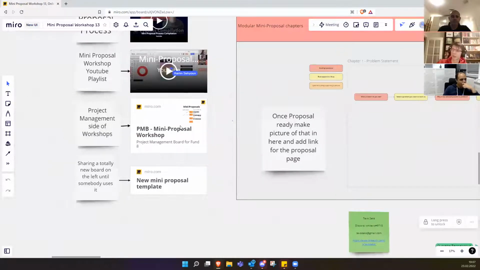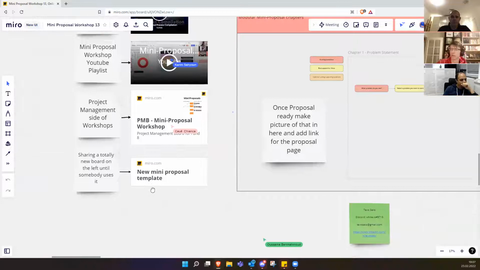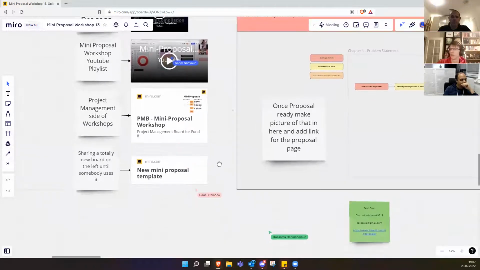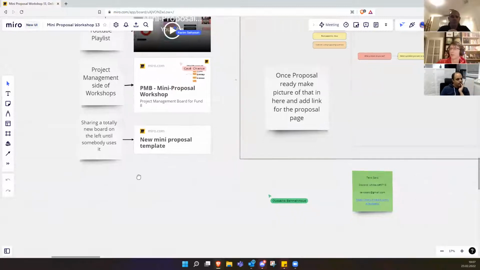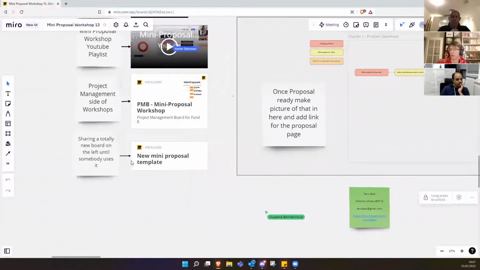There's also a project management board, so everything you see here is openly documented in another board where you can see how to make this thing happen, when it happens, and how to document all of that. It's also related to the funded proposal, which is doing these kinds of sessions. And finally, there is a new template for somebody to just take and use.